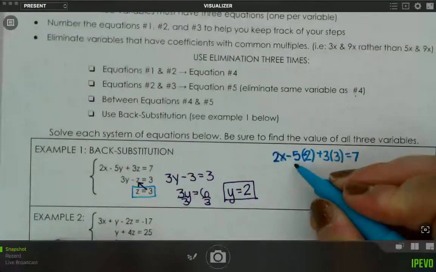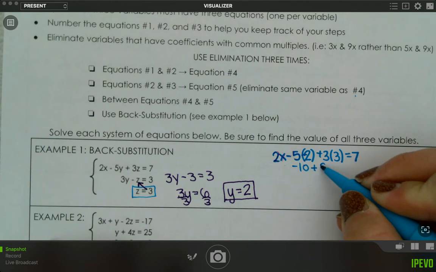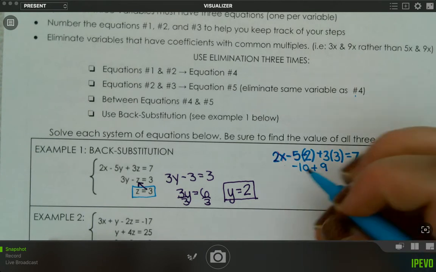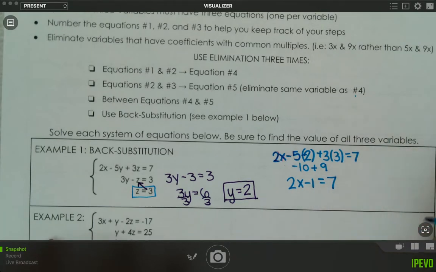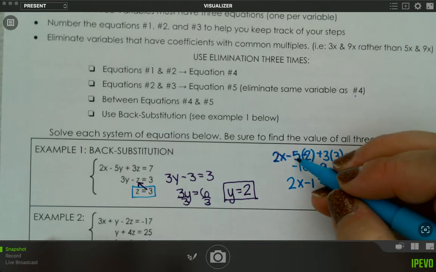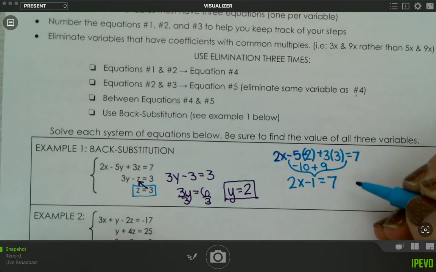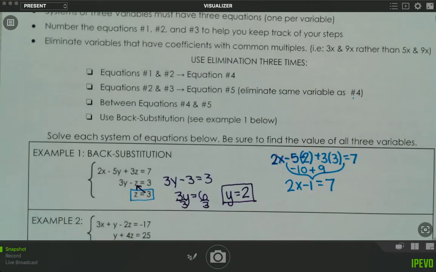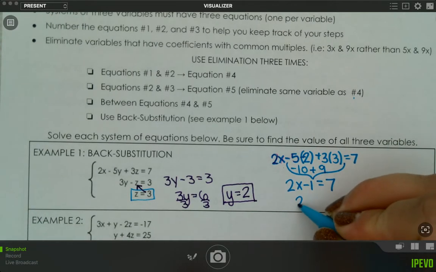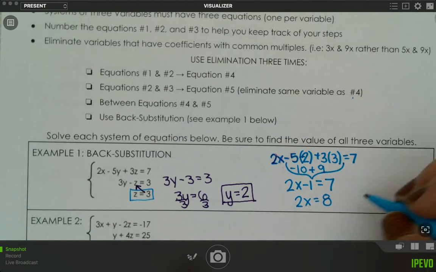So this is negative 10 plus 9, which is negative 1. So I have 2x minus 1 equals 7, basically. I'm just solving down this part right here with the numbers that I already know. Then I add that 1 to the other side, and I get 2x equals 8. And I divide by 2, leaving me with x equals 4.